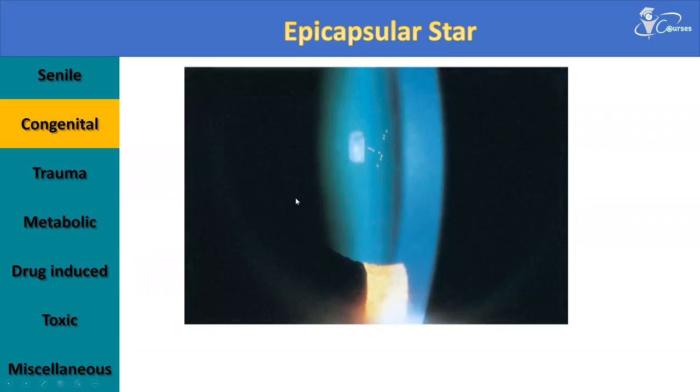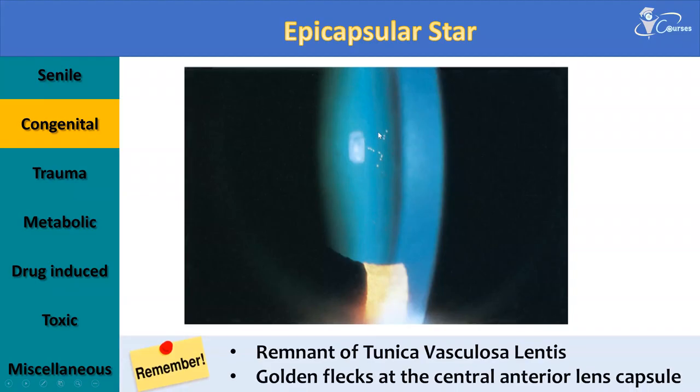Another form of congenital lens opacities is called the epicapsular star. This is actually a very common condition, again with remnants of the tunica vasculosa lentis. As the name suggests, this anomaly presents as a star-shaped configuration of brownish or golden flecks in the central anterior lens capsule.